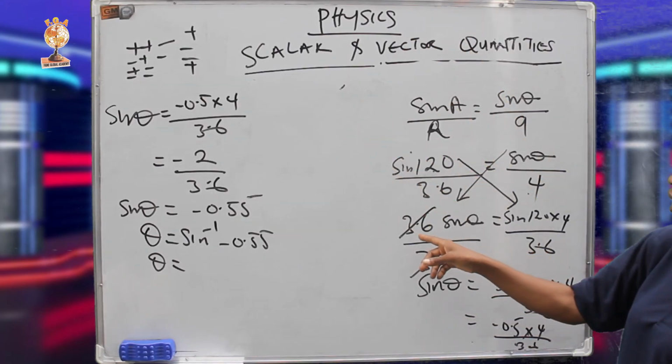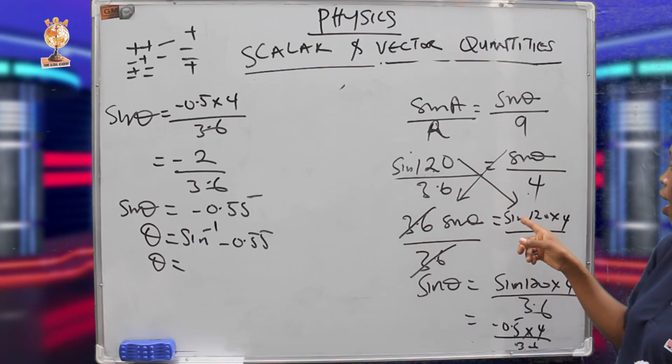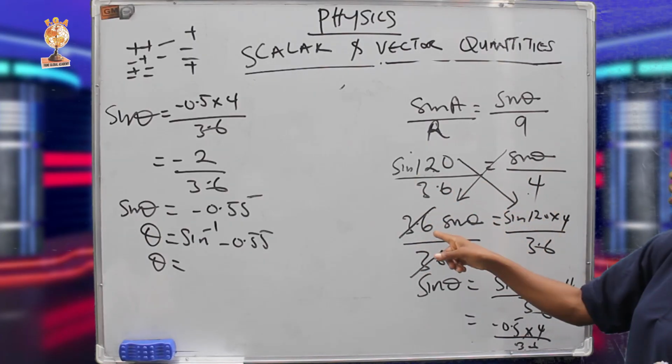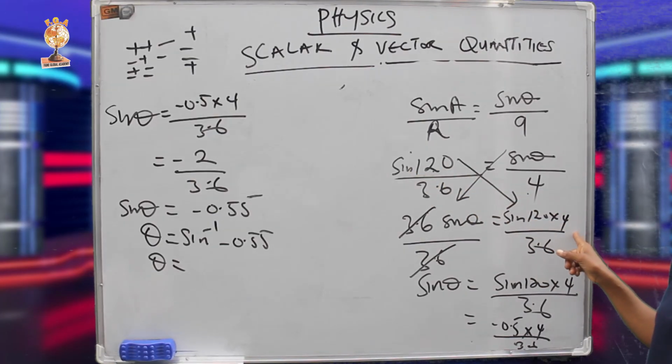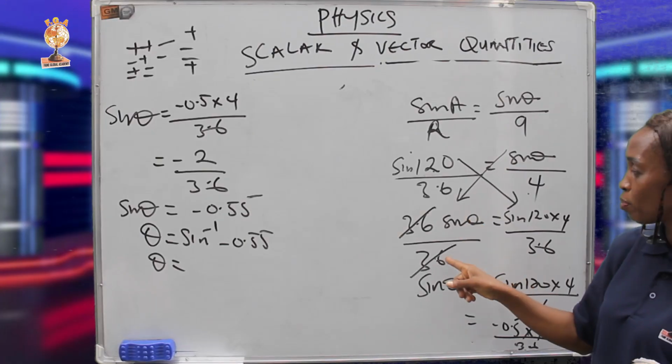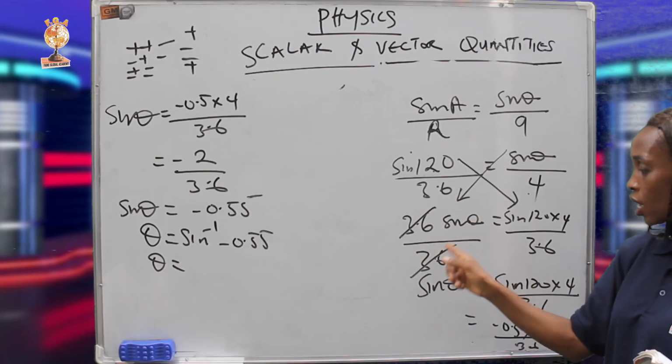If I cross multiply, I have 3.6 times sine theta equals sine 120 times 4. To get my sine theta, I will divide both sides by 3.6 so that it can cancel.